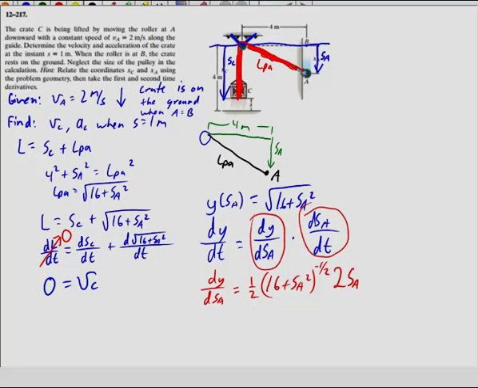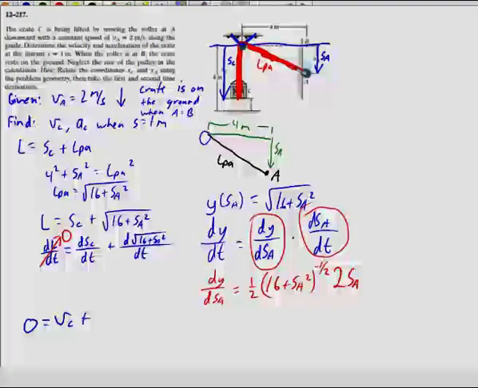So our equation becomes, I'm just going to move the second equation down here, 0 equals the velocity of the crate plus, plug both of these in, and let's combine some terms. So we see there's a 2 and a 1/2, so those are going to combine. And then we have an SA on top.